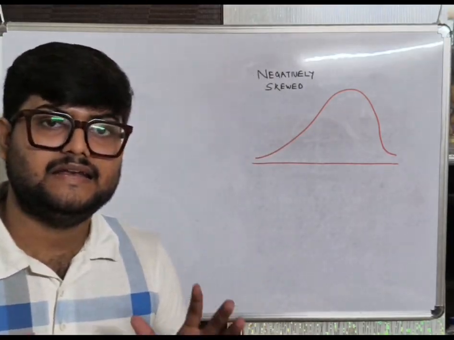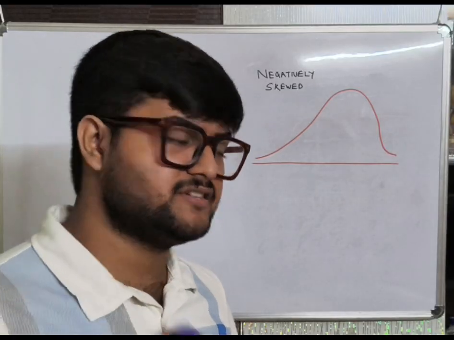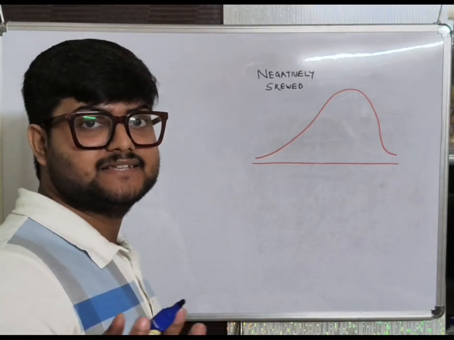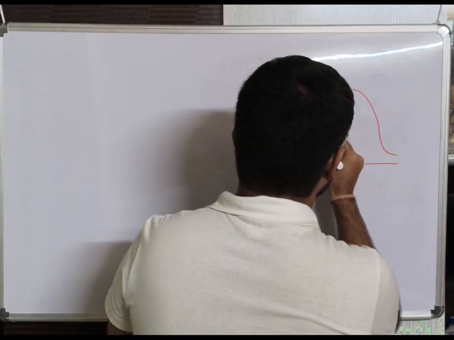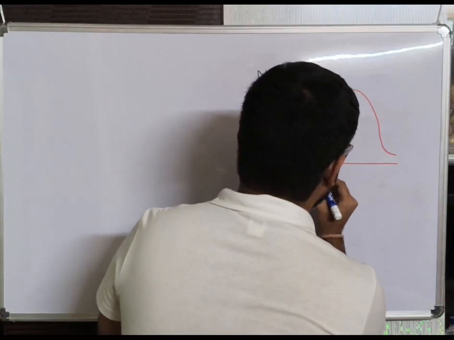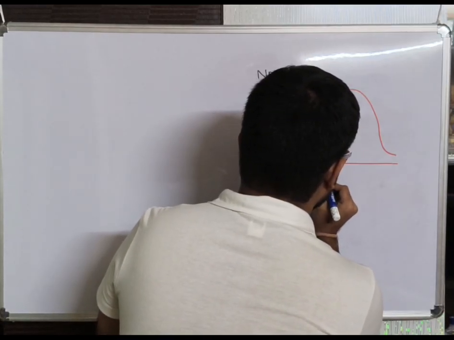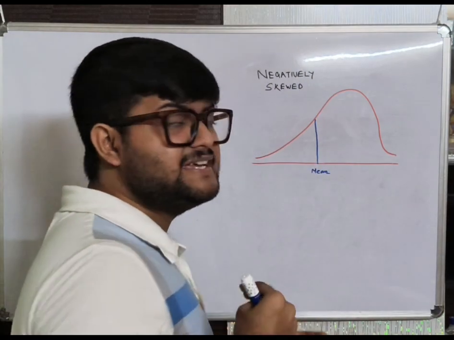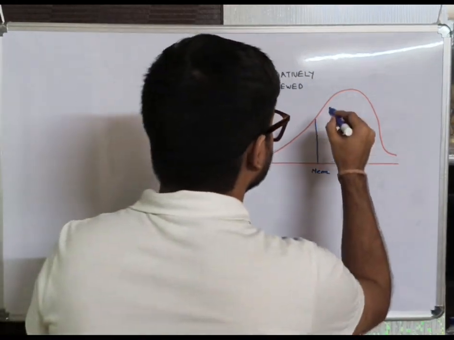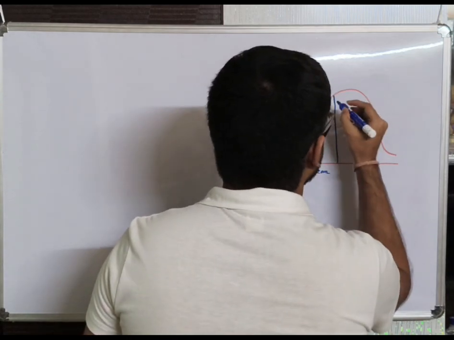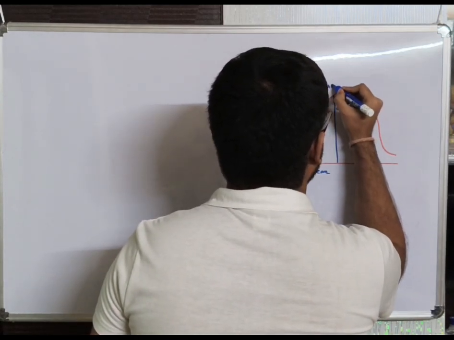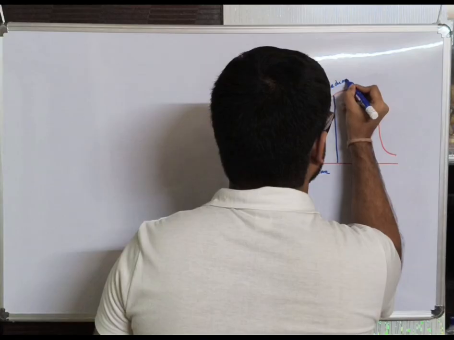In a negatively skewed distribution, the mean is the smallest value. It lies here. Median is bigger than mean. That is median, I am writing it above.